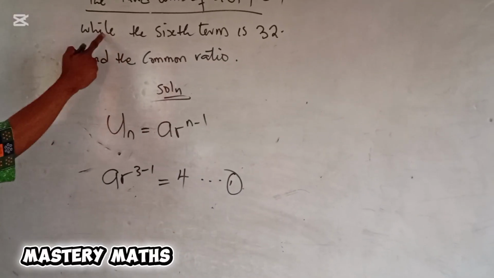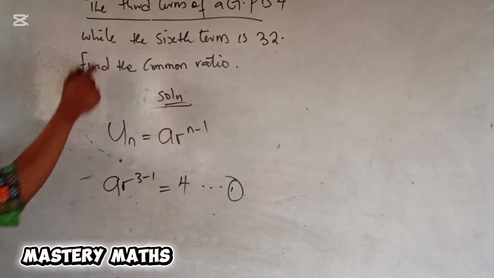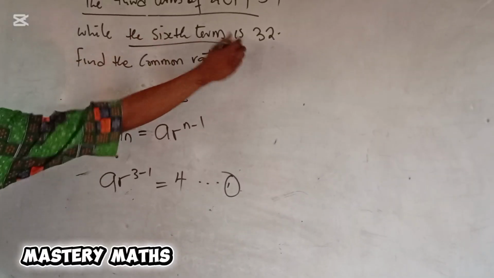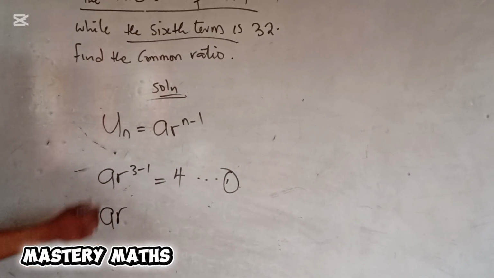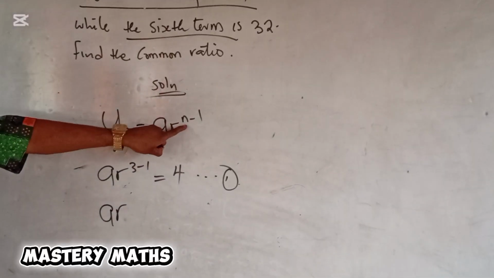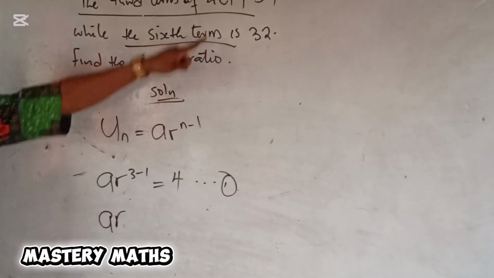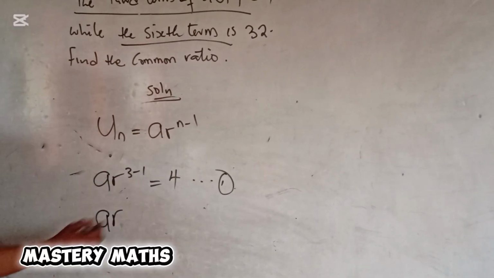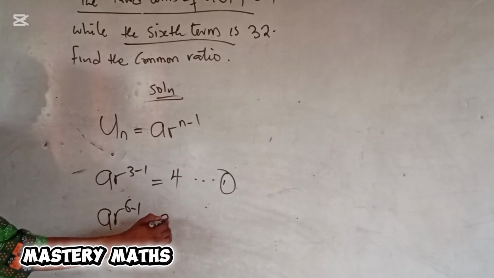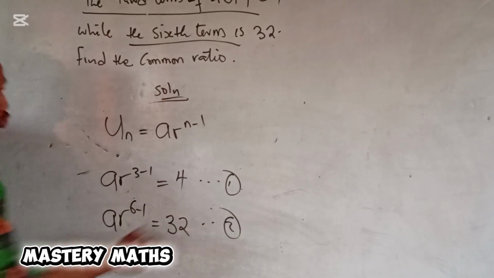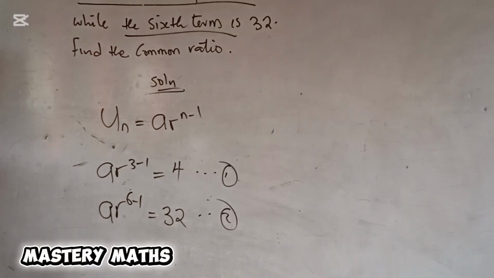The second one says the sixth term is 32. Now we put the same formula, AR raised to the power of n minus 1, where n now represents 6, so AR raised to the power of 6 minus 1 is 32. We call this equation 2. You see it now?